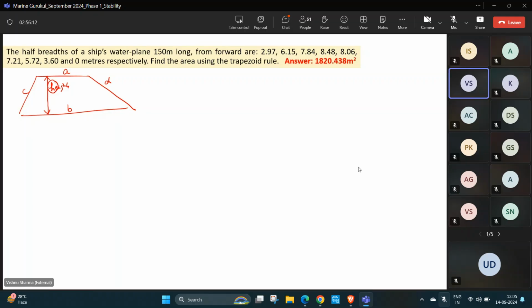Sorry, trapezium, my mistake. And the area of the trapezium is half into the sum of the parallel sides, multiplied by the perpendicular distance between them.